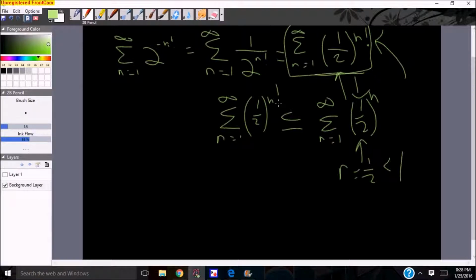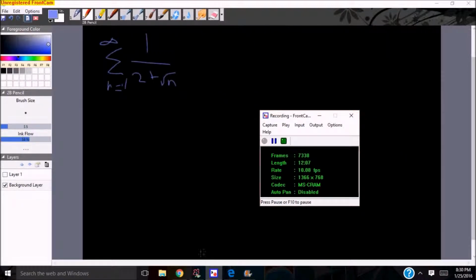And since this geometric series over here does in fact converge, then I know that this series right here also converges. Not converges. Converges. There we go.